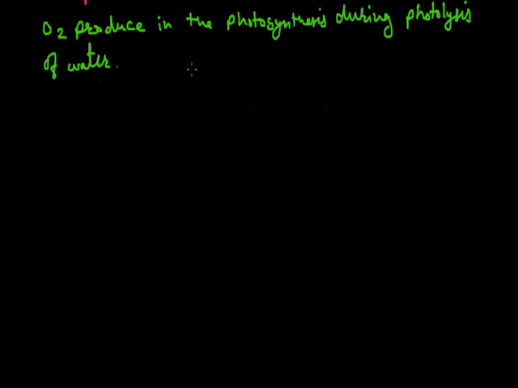So what is the oxygen cycle? O2 is produced during photosynthesis by green plants.